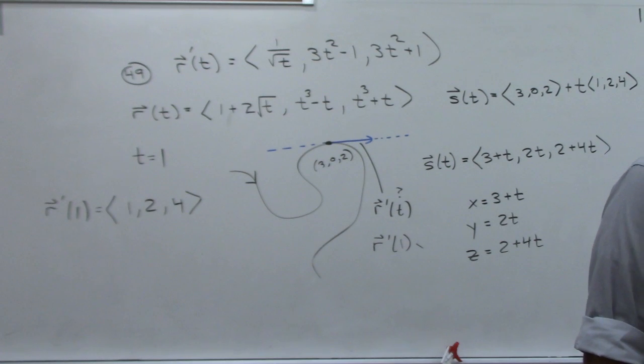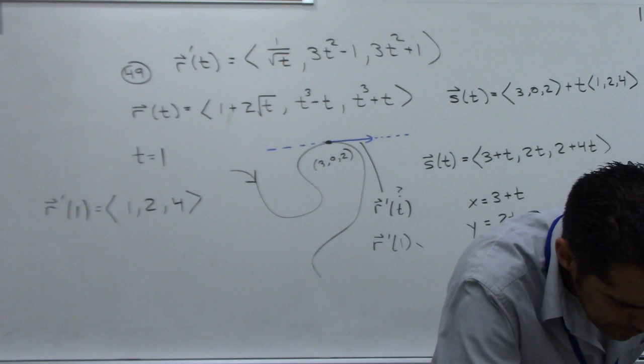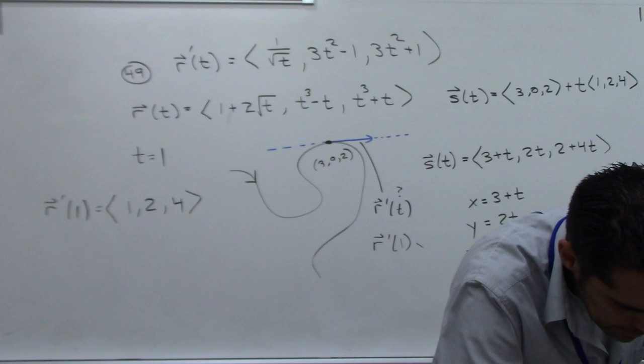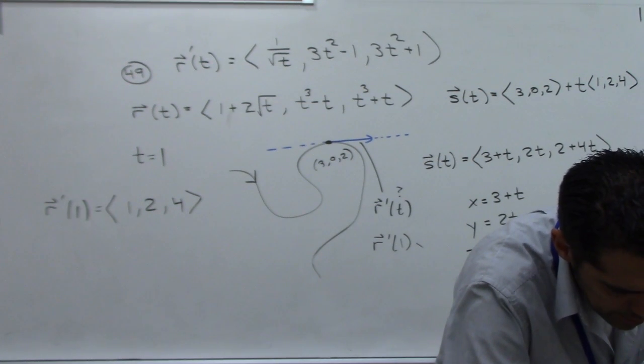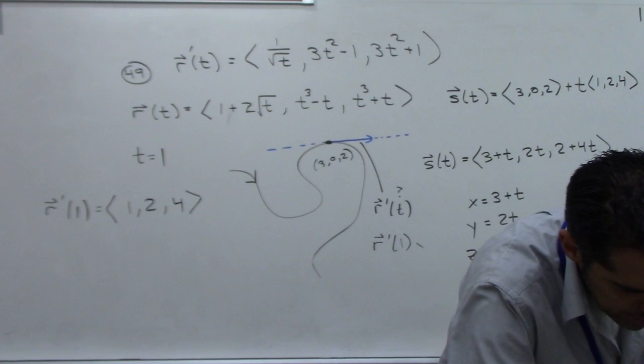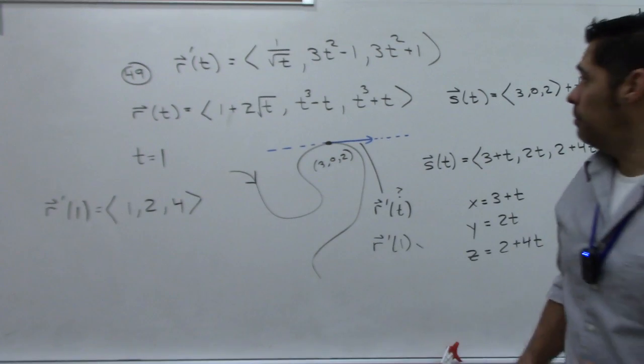53. Find the vector equation of the tangent line to the curve of intersection of the cylinder, blah, blah, blah, and blah, blah, blah at the point. All right, that 53 is a good problem.